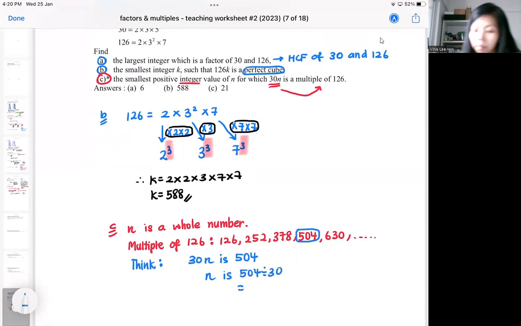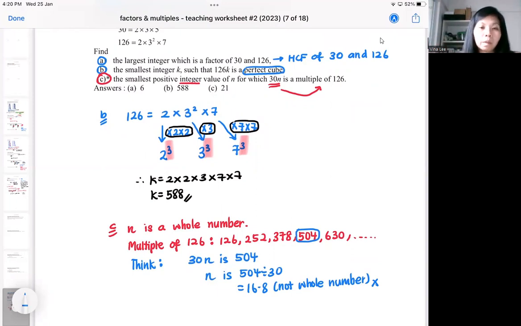You can do this, but when you do this, you are not getting a whole number. So this is wrong.